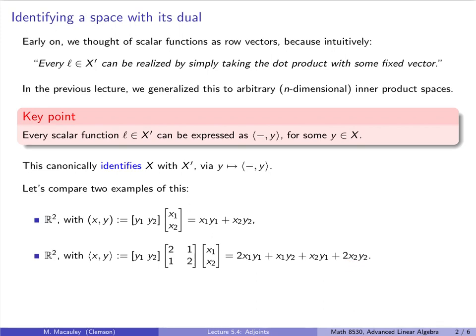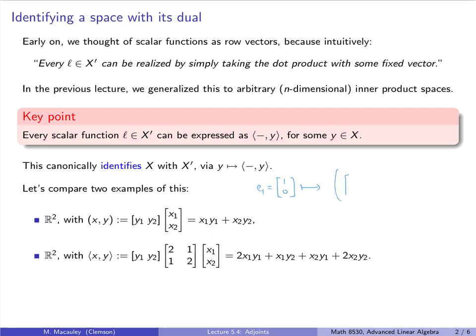Okay, so let's start by looking at what the vector E1 gets mapped to under this identification. So first with the dot product, E1 gets mapped to the linear function that just picks off the first coordinate. So taking the dot product of E1 with x1, x2 just picks off that first coordinate.